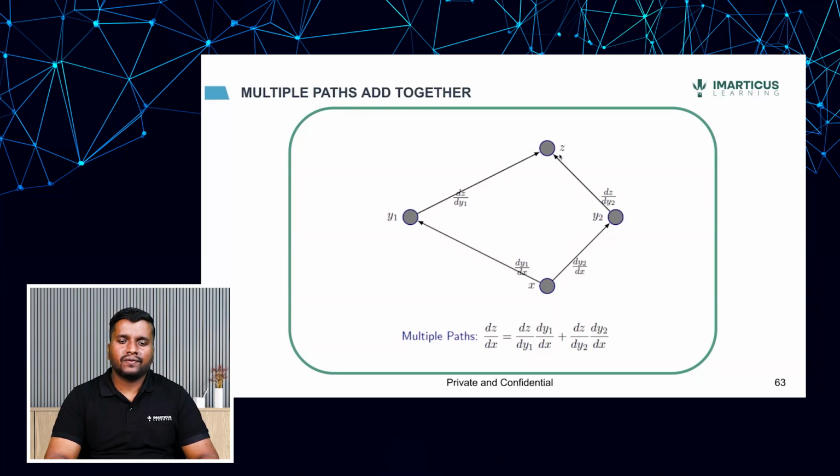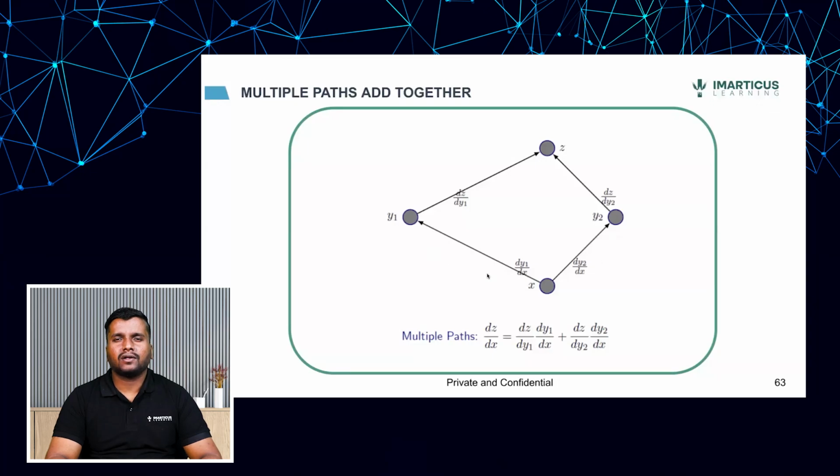To differentiate through y1, I have to first differentiate y1 with respect to x as well. So we want the derivative of z with respect to y1 plus the derivative of z with respect to y2. But y1 and y2 are functions of x, so we need to differentiate y1 with respect to x and y2 with respect to x as well.